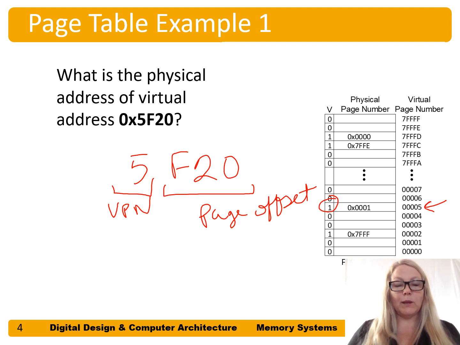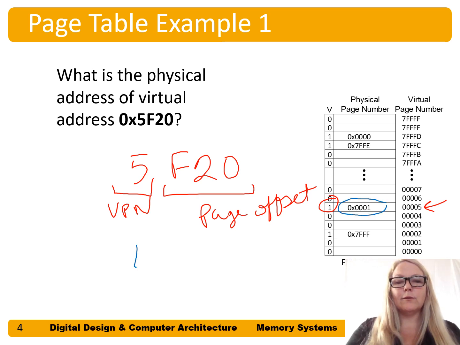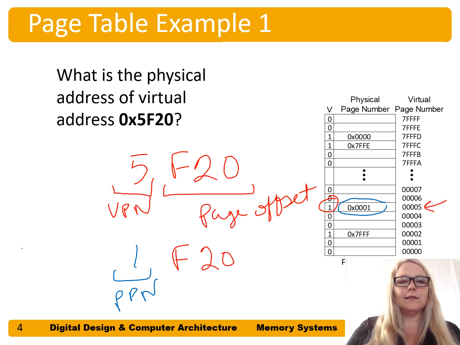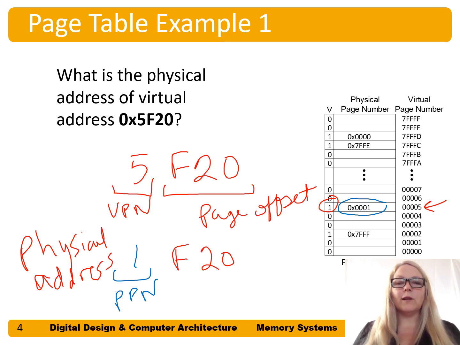That means that page is mapped to main memory, to physical memory. And the translation, the physical page number, is hex 1. And so now that's our physical page number. And we append that with our page offset to get the physical address. So this is our physical address, the translation of virtual address hex 5F20.